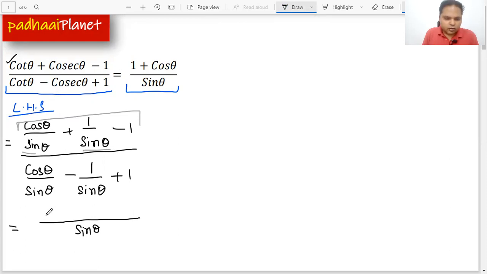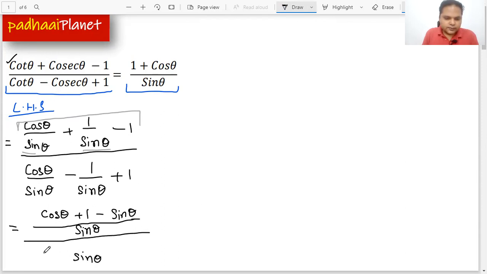What we get on the top is cos theta plus 1 minus sine theta, divided by the bottom sine theta.